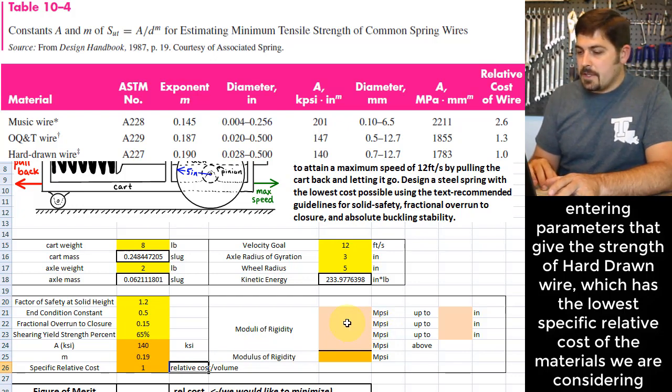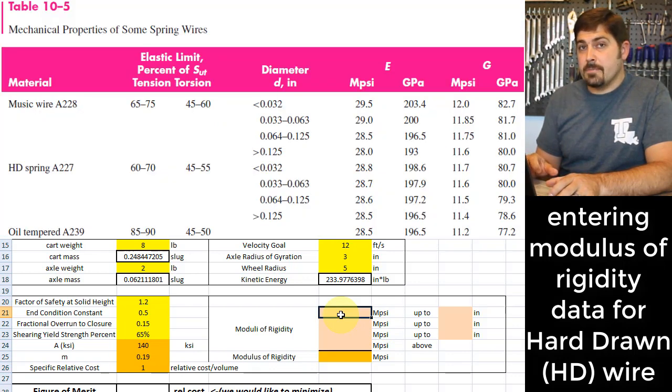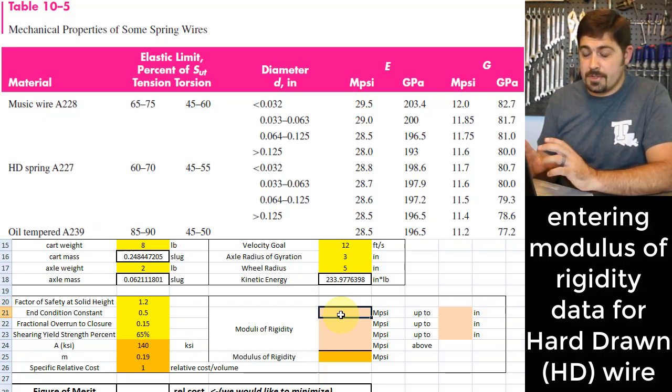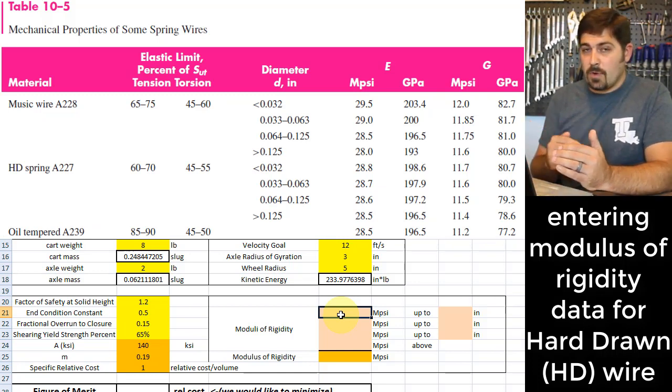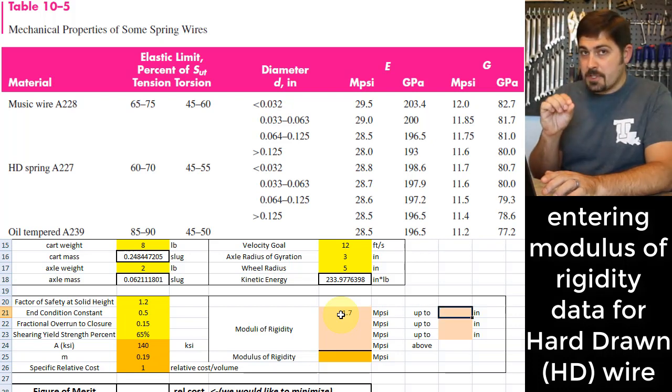The next thing to note is that on table 10.5 there are various modulus of rigidity values, and that's something we're going to need for this material as well. And you'll see that for a hard drawn spring it actually has ranges of this value. I'm just going to enter those here. 11.7 is what it is for the smallest of the wires. That is valid up to a diameter of 0.32 inches.